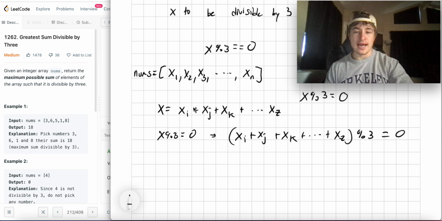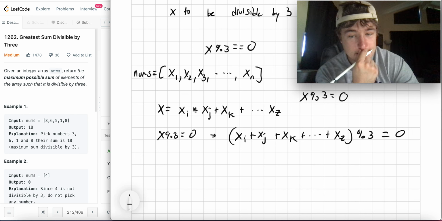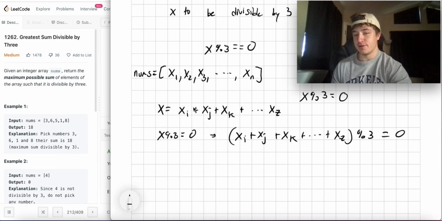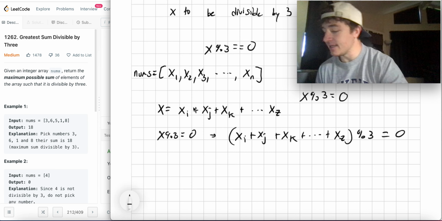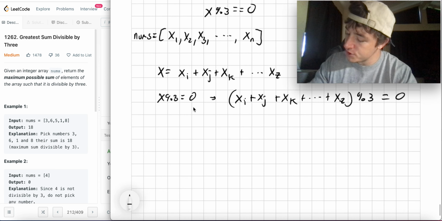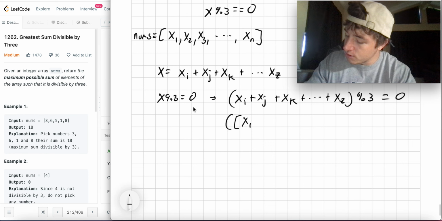Now, something you should know about modular arithmetic is that the distributive property is kind of interesting. I can take these numbers, and I can distribute the modulus like this.